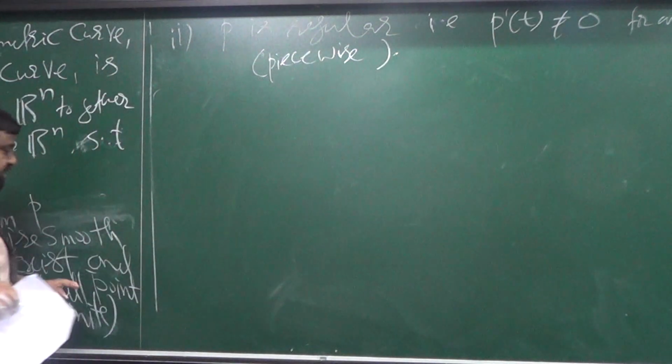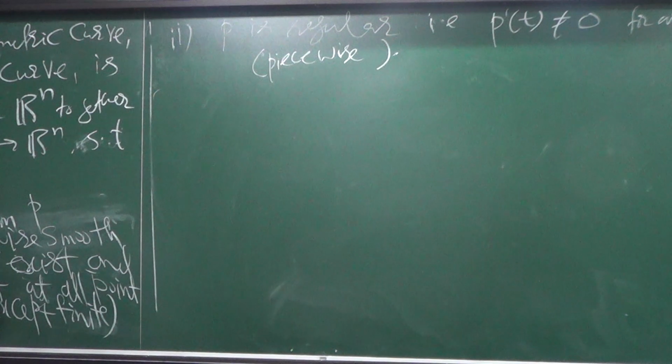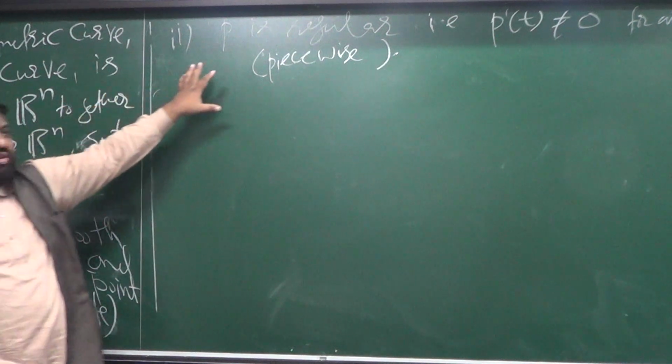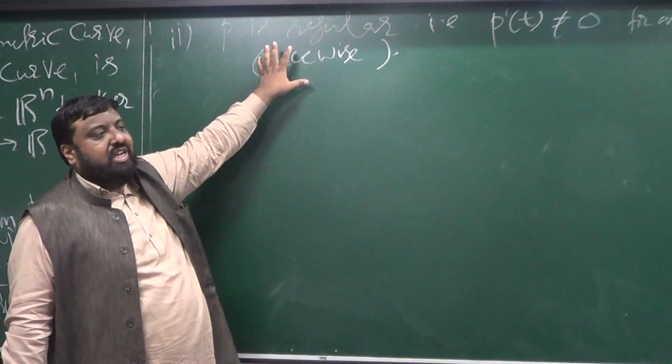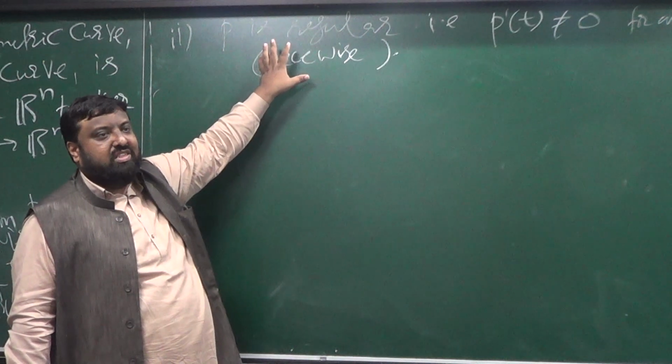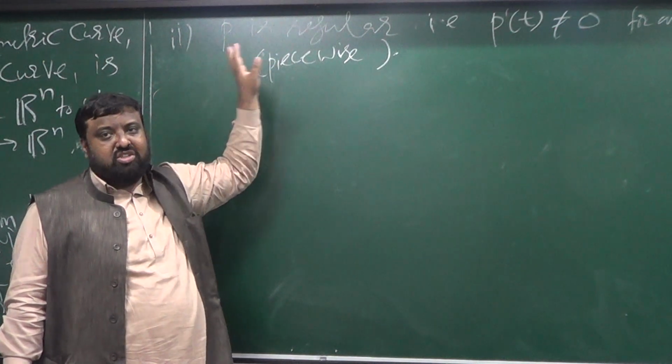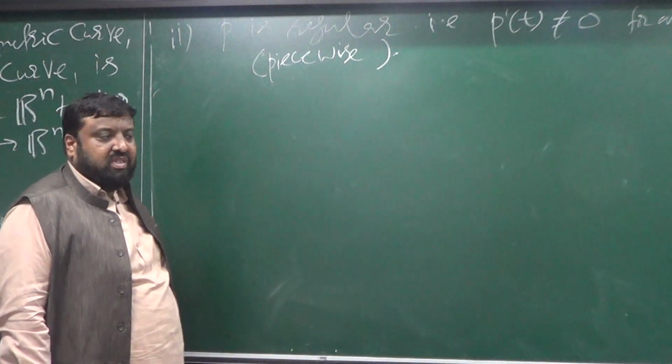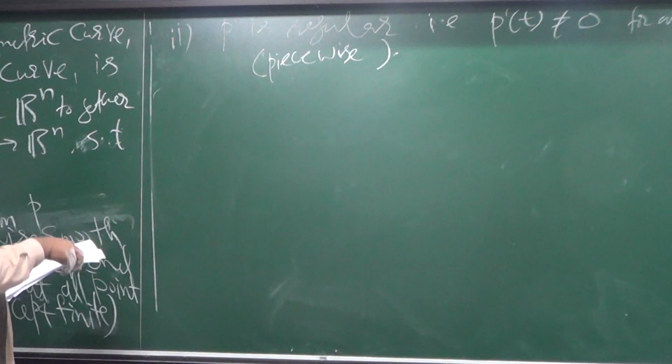So now can you see the difference between both properties? Here you are saying that it must be smooth. It means that the function should be continuous and differentiable. But it doesn't mean that the derivative can't be 0. It could be 0. But now you are removing that glitch. You are saying that it must be regular, in other words, that it shouldn't get to 0.